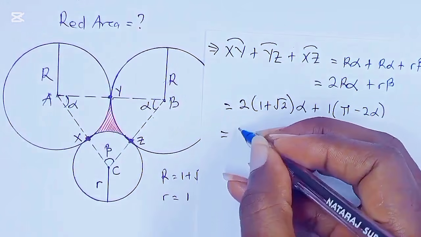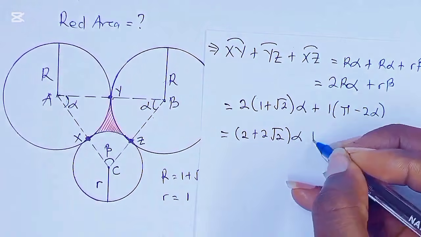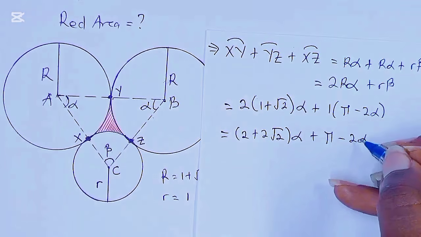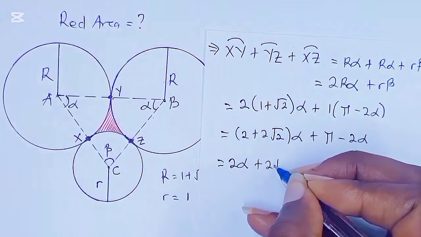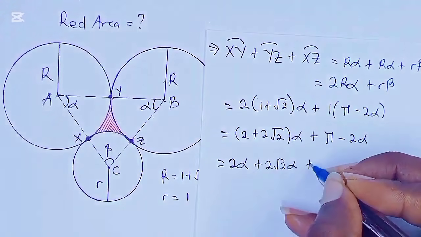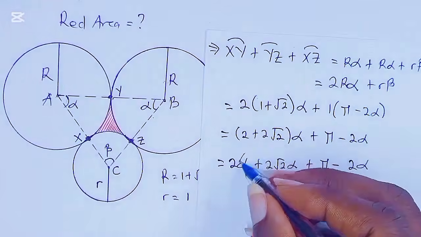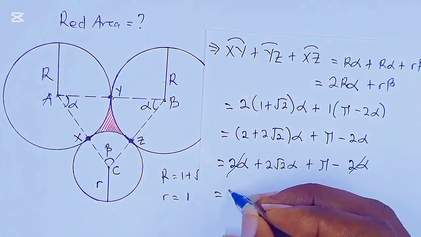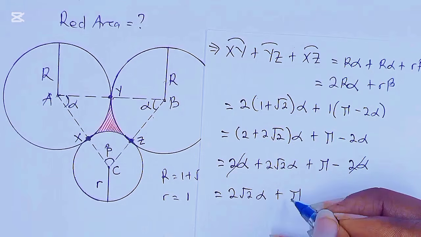So this will be equal to 2 plus 2 root 2 alpha plus pi minus 2 alpha, which is 2 alpha plus 2 root 2 alpha plus pi minus 2 alpha. So this cancels with this, and we shall be left with 2 root 2 alpha plus pi.